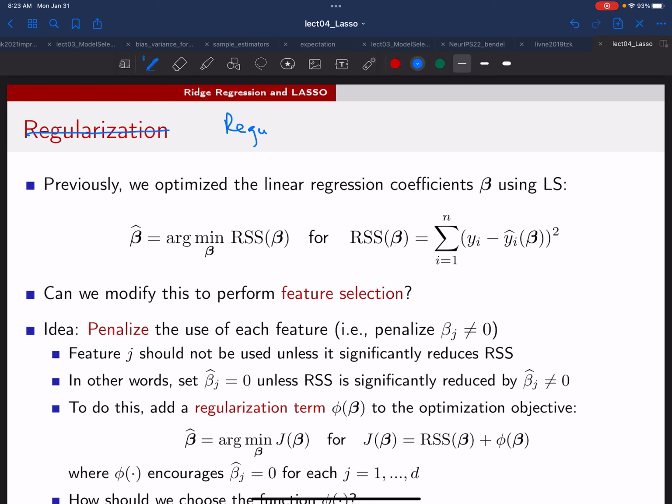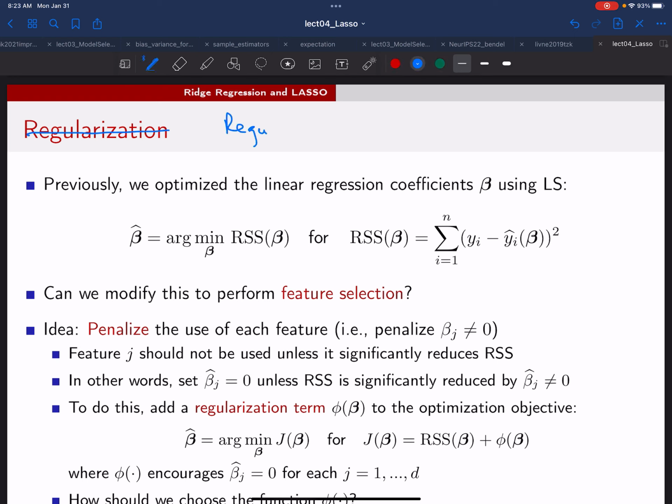So as we said before, the idea is to penalize the use of each feature. And by using a feature, we mean that beta j is not equal to 0. Because if beta j equals 0, that means I am not using xj at all in my prediction. Right? So that's going to be our goal. We're going to try to force some of the beta j's to be 0 so that we are not using the feature at all.